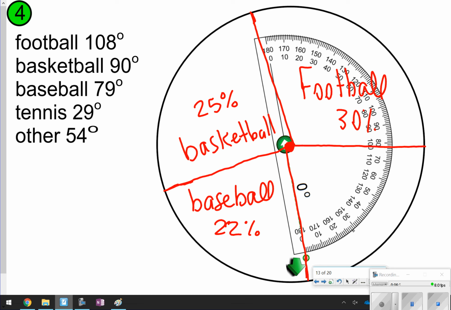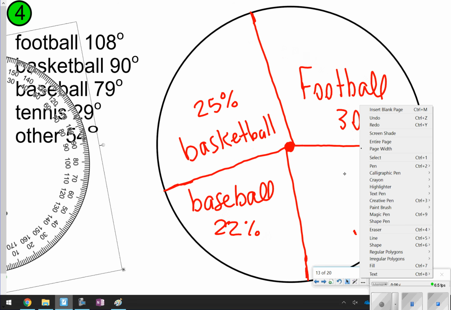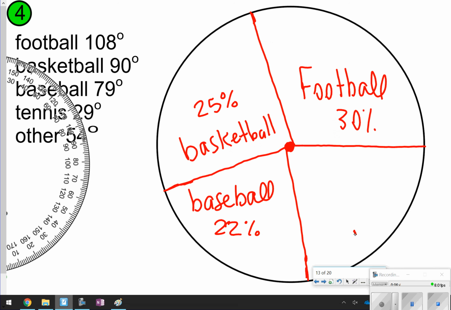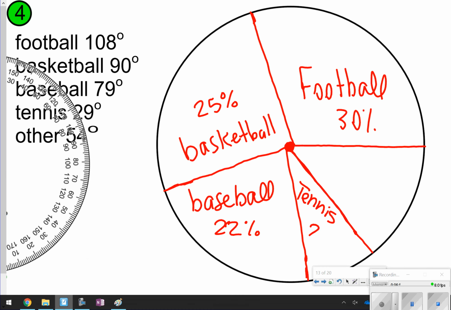So that means the very last part should be equal to my 54 degrees. And tennis was 28%. So this final part should be my other at 15%.